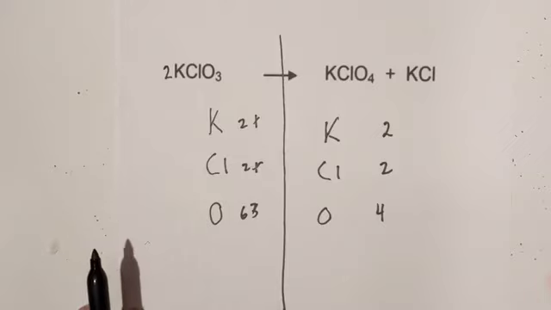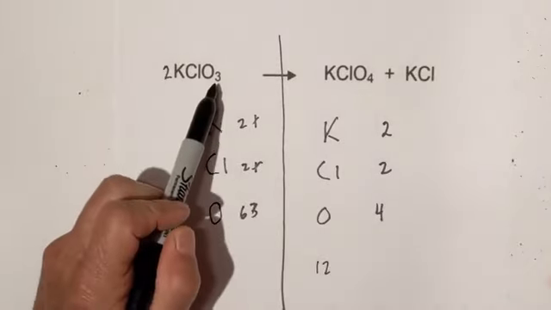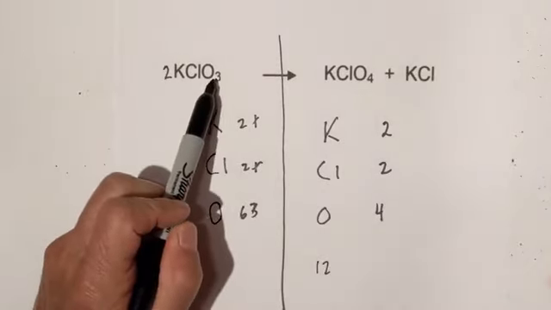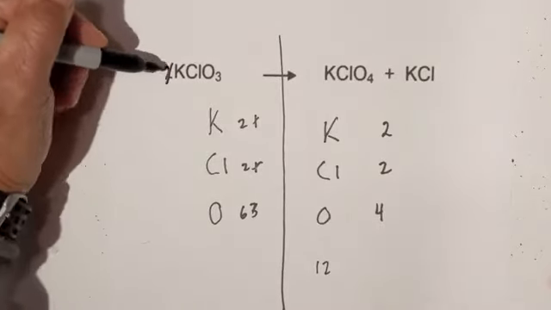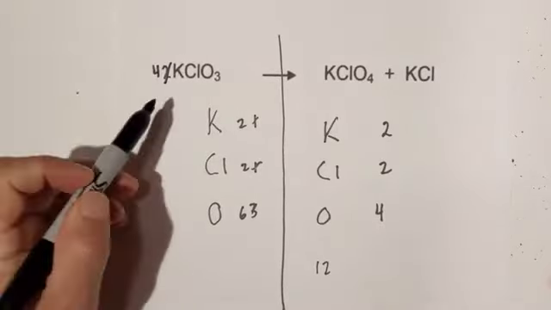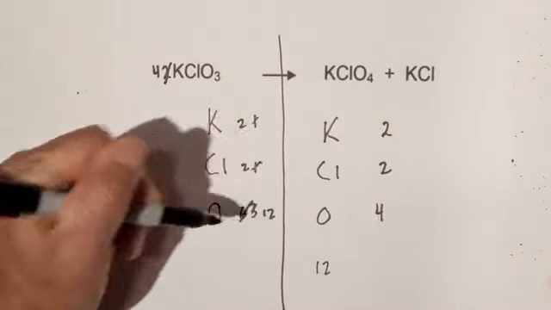So again, I go back to what's the smallest number both of these numbers will go into, and that is 12. So I have a subscript of 3. 3 goes into 12 how many times? And that is 4. So I'm now going to have to change this to a 4. So 4 times 3 is 12.